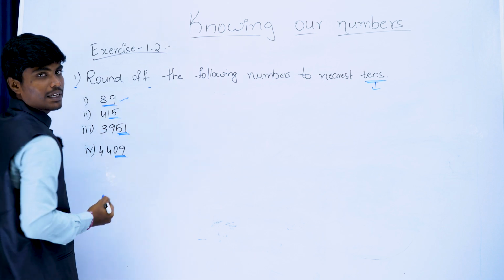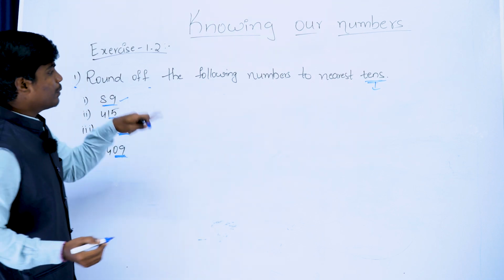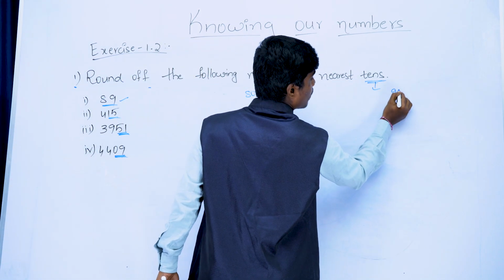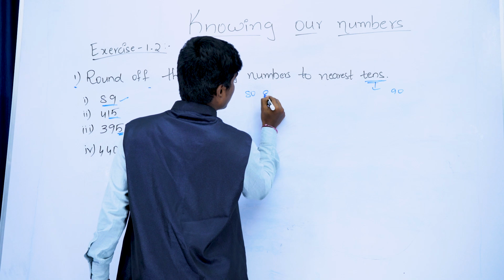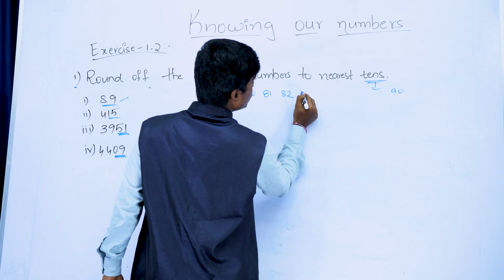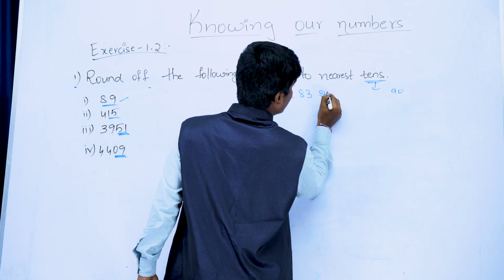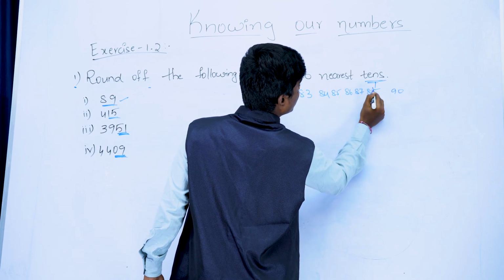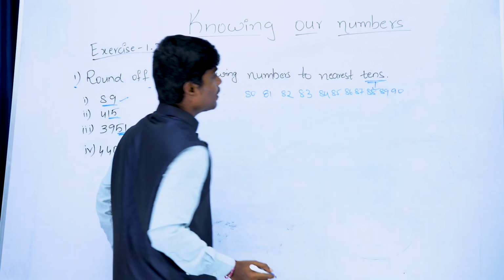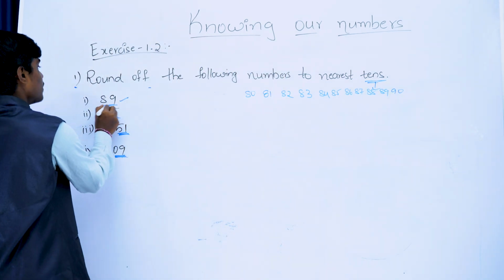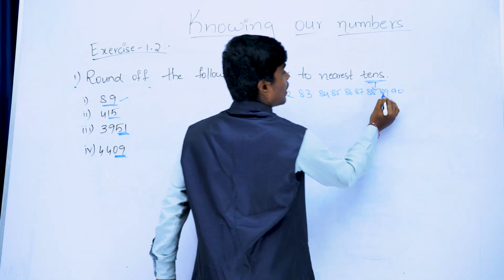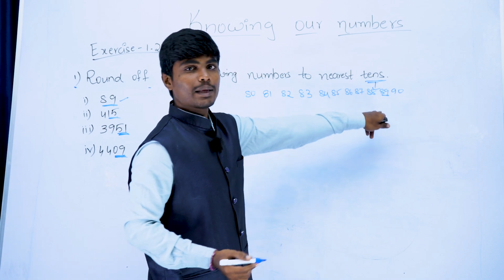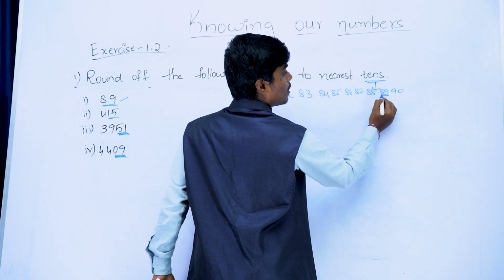See, the first number is 89. 89 lies between 80 and 90. The numbers are 81, 82, 83, 84, 85, 86, 87, 88, 89 and 90. As I told you, before rounding off, find the nearest number to this 89.